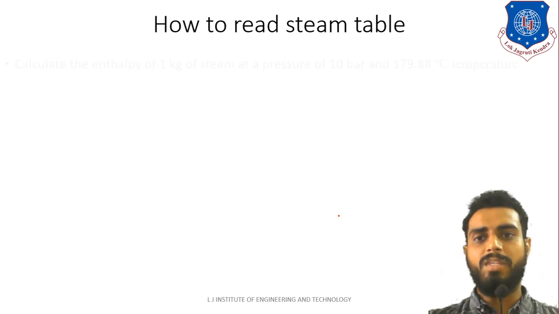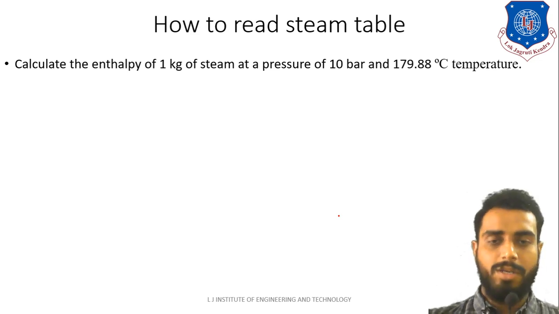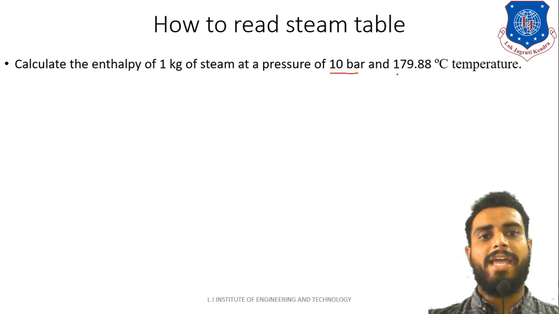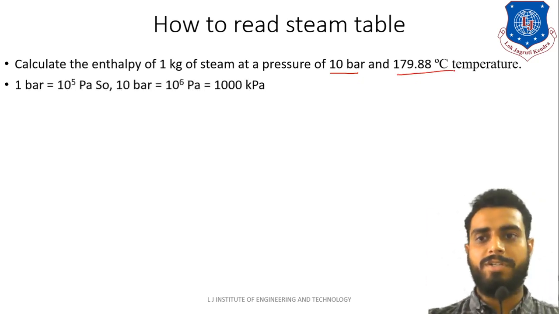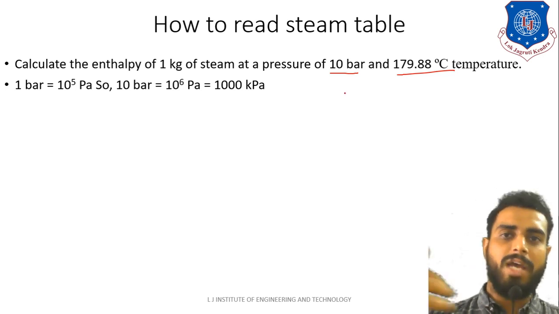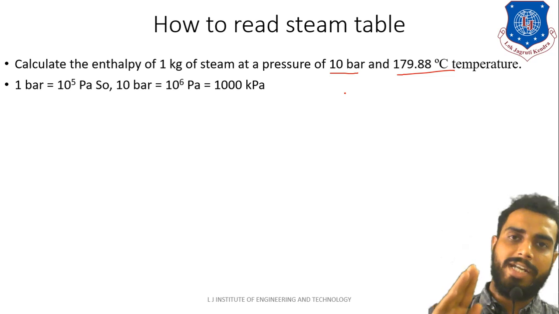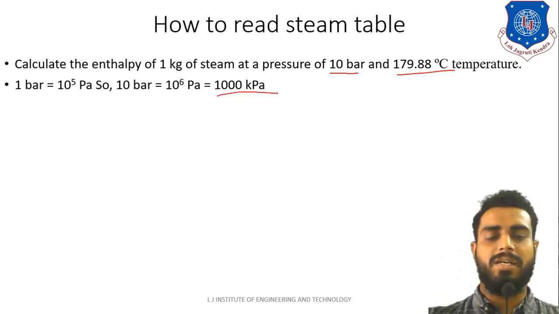Further, let's move on. Calculate the enthalpy of 1 kg of steam at a pressure of 10 bar and 179.88 degrees Celsius temperature. Remember students, pressure and temperature both are given. As the pressure is given, you will refer to the pressure table. My pressure table has pressure in kilopascal, so I will convert 10 bar into kilopascal. 10 bar is nothing but 1000 kilopascal, right?